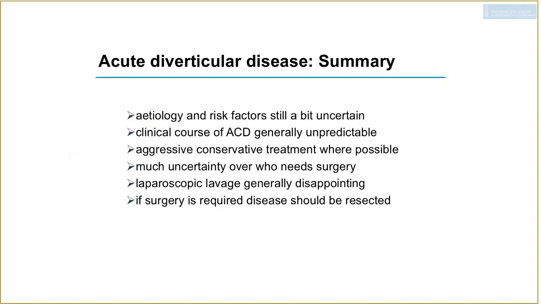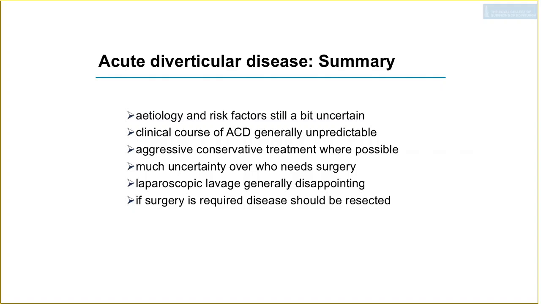So that's about it. Just to summarize a few of those issues that I've discussed, despite its common presentation, the etiology and risk factors are still a bit uncertain with diverticular disease. The clinical course, as you've seen, is a bit unpredictable, I'm afraid.